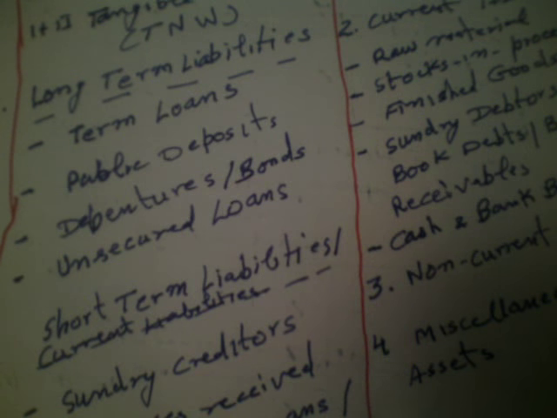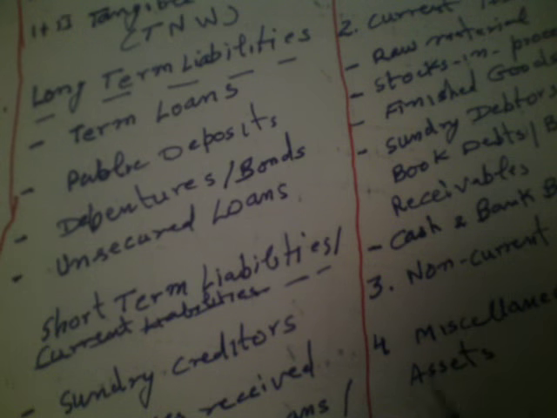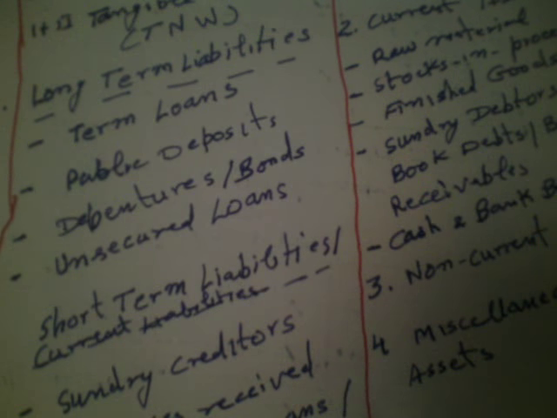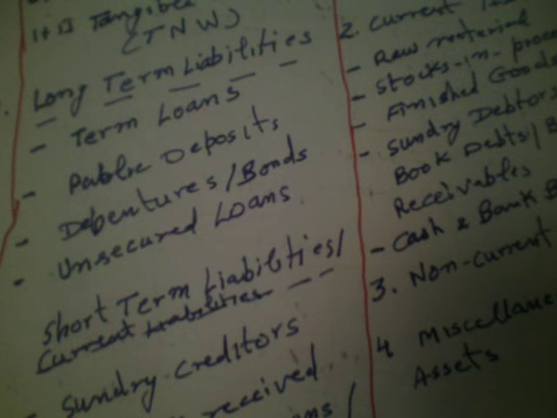Then non-current assets. These current assets are usable for producing the products, or finished goods which are saleable in the market. But non-current assets won't come under the category of fixed assets or current assets, and that's why they are known as non-current assets.